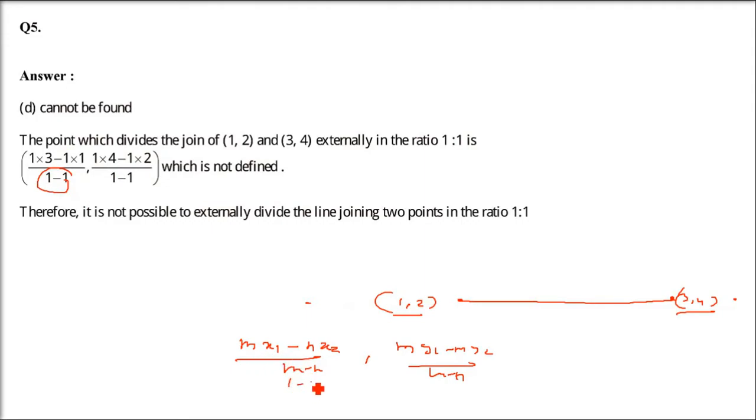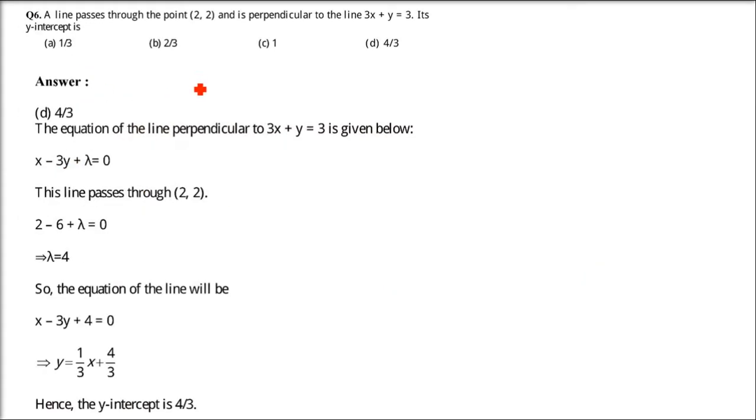You don't have to worry about the numerator, because the denominator is 1 - 1, since m and n are given as 1 and 1. When it is 0, it's undefined. Anything which has 0 in the denominator is undefined in mathematics, so the answer will be infinite. You can just say it cannot be found out. D is the answer.